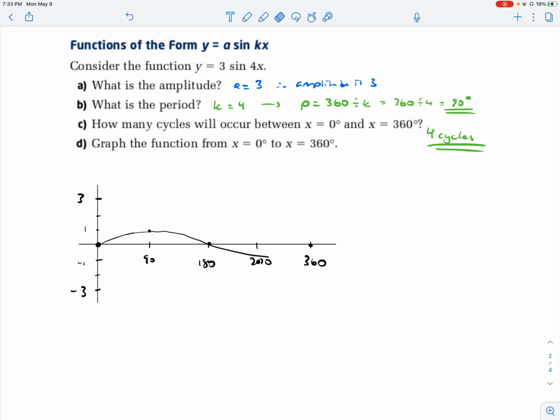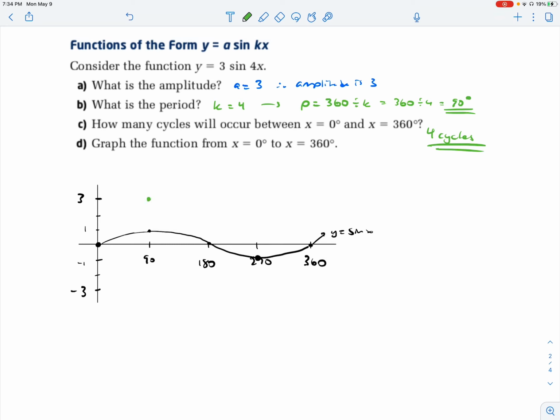Okay, that looks a little bit funny, that last part. Let me fix that. That's my point up there. Okay, so that's the basic sine graph. Now this one, the amplitude is now 3, and there's 4 cycles within 360.